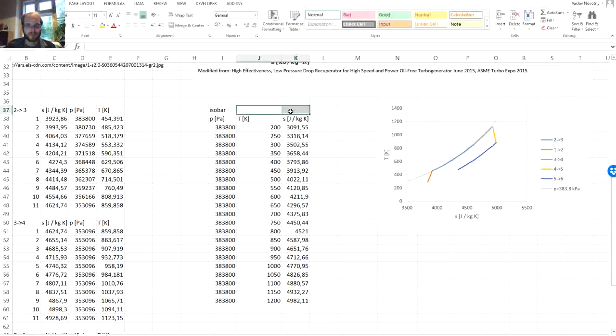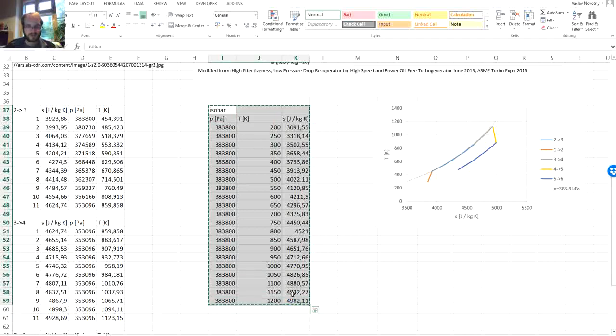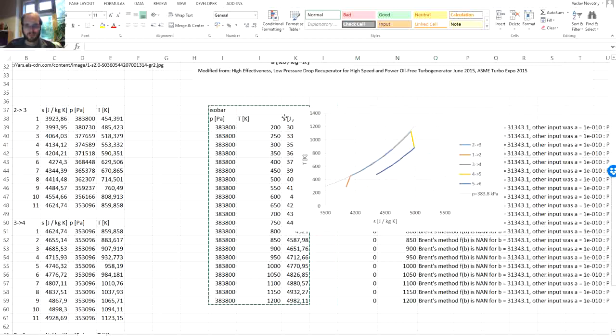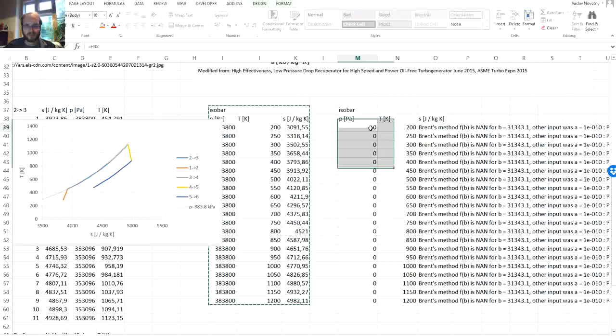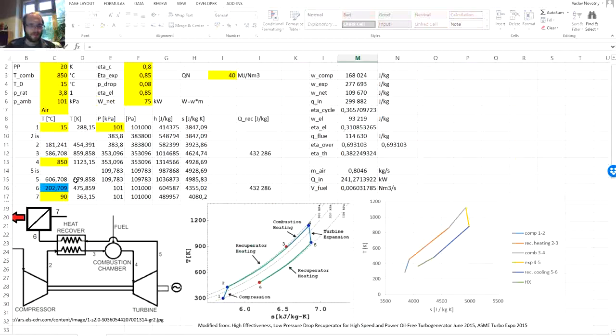So basically we can copy all this and let's take the pressure at the turbine outlet, point number 5.